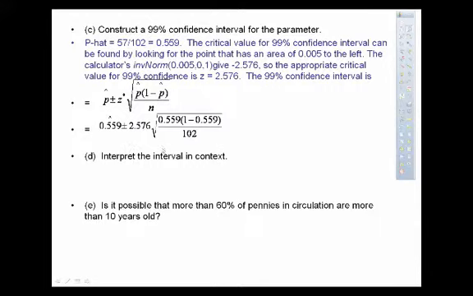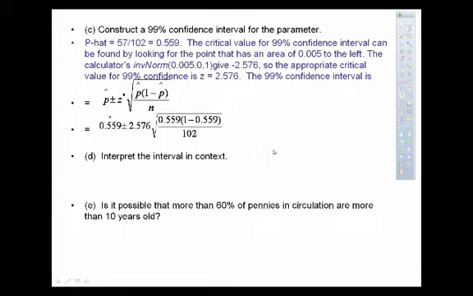Now this is how we write that interval. It's the interval from 0.432, if we subtract 0.127, to 0.686, and that's if we add 0.127.